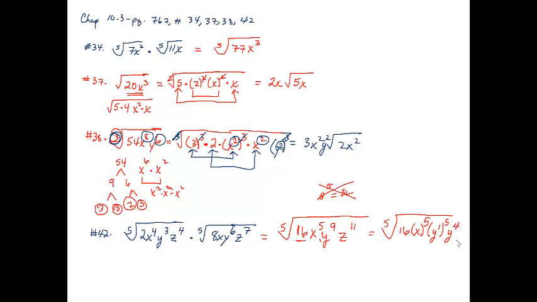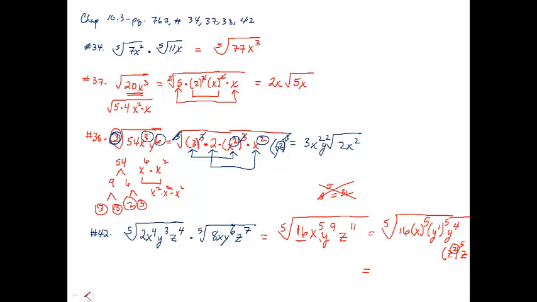Y to the fourth. And let's do the same thing for z. I'm running out of room. So this is going to become z squared to the fifth power, and there'll be 1 z left over. Remember, 5 goes into 11 how many whole times? 2 times. Make sure you're raising it to the fifth power. 2 times 5 is 10. What's left over? Just the 1.